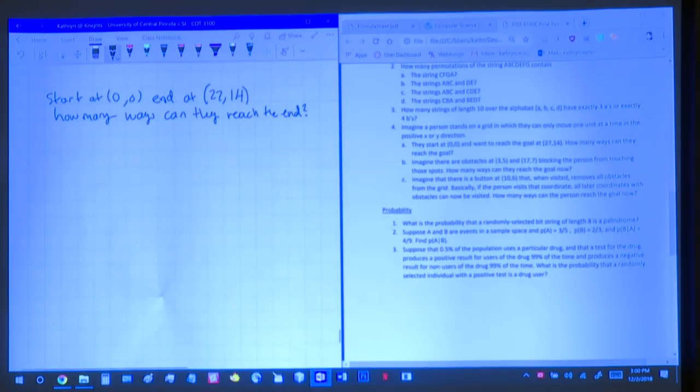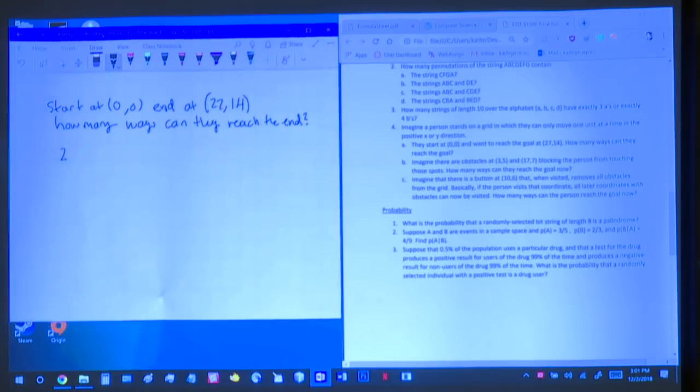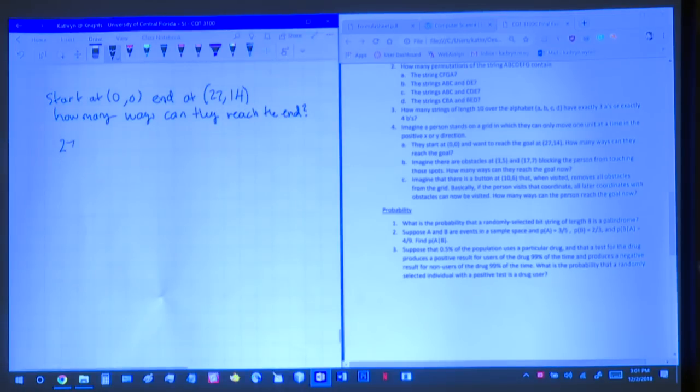So to start with, we will add 27 plus 14 to find the total number of spaces we need to move, and that would be 41.